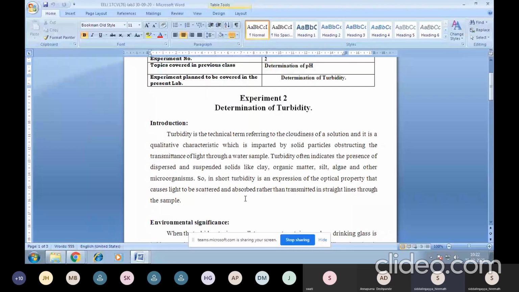Turbidity often indicates the presence of dispersed and suspended solids like clay, organic matter, silt, algae, and other microorganisms. So, in short, turbidity is an expression of the optical property that causes light to be scattered and absorbed rather than transmitted in straight lines through the sample.